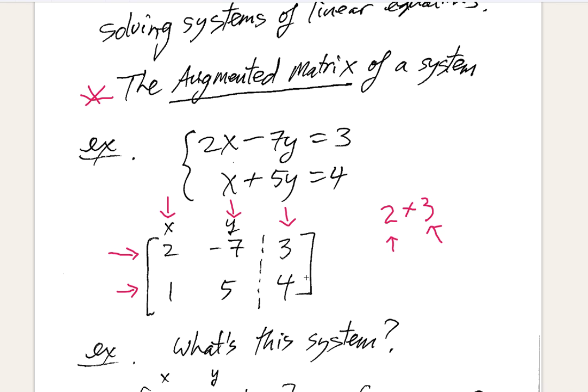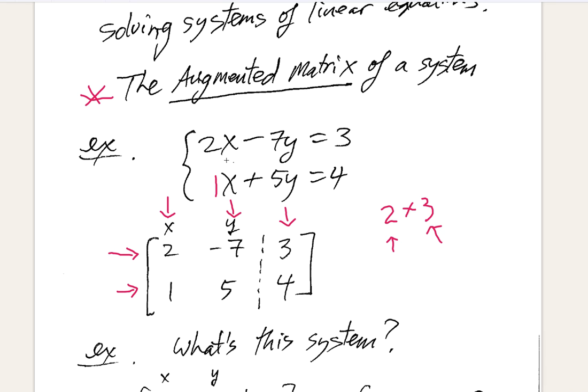Now, the augmented matrix is a particular type of matrix corresponding to a system. You see what I've done here? I've written my matrix this way with the various constants involved: 2, negative 7, 3, 1. The 1 is implicit there, by the way. 1, 5, and 4. The 2, negative 7 and the 1, 5 are the coefficients of x and y respectively in the system.